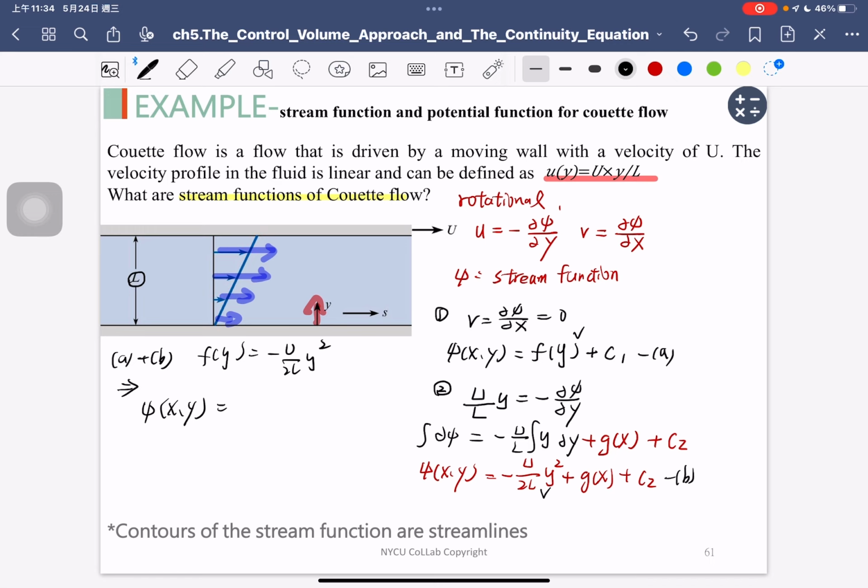And you don't have the x function, so g(x) is 0. And we cannot figure out how large c1 and c2 are. So finally, you may say that your stream function will equal minus U/2L times y squared. And you can define different constant values, and then you can draw different curve lines of the stream function.